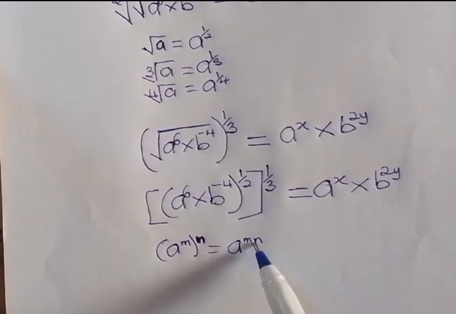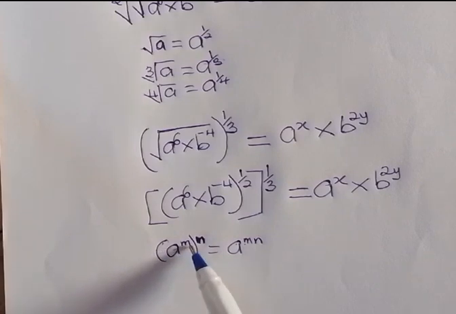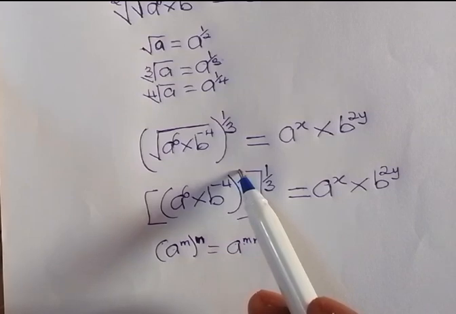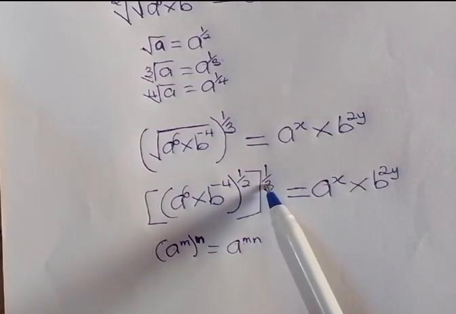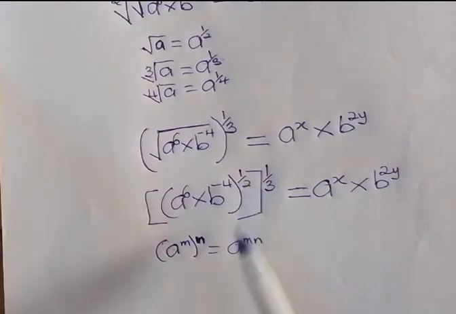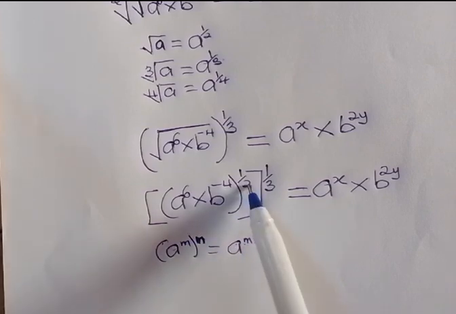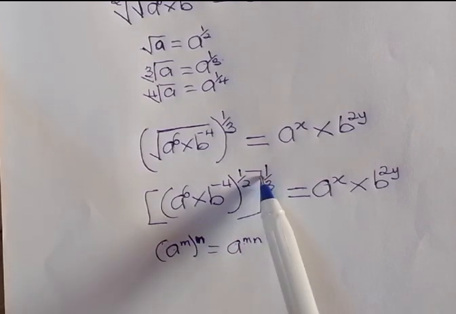So we are going to apply the same property here. Since we have half here as an exponent and 1/3 here as an exponent, we are just going to multiply these exponents.